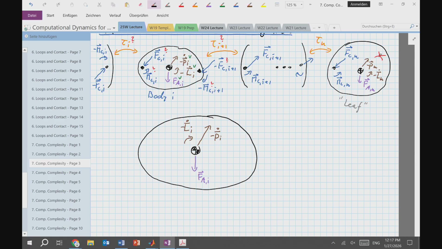Then I have my joint connecting towards the root, which is here given by a vector, and that vector has a name. That is the vector r as ds, because this is the successor body of that joint. So this is the vector r as ds, the joint location.